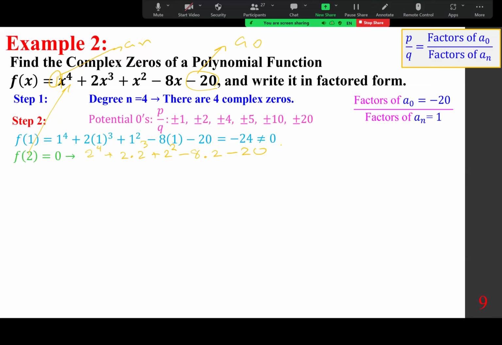They do add up to 0. You can check it out. Since f of 2 is 0, that means there is a factor of x minus 2.